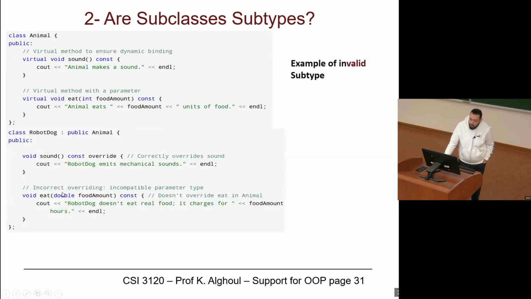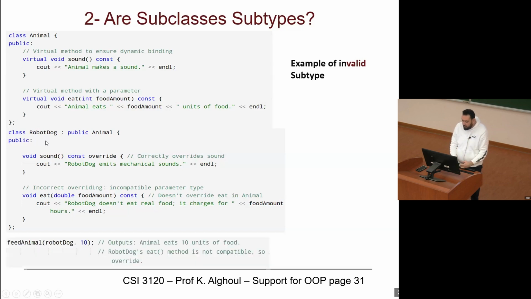Now let's take a look at an invalid subtype. If you look here, even if you're using the same eat, you're changing it to double instead of int. So in the original one, it takes int as an input. Here, I'm changing it to double. This one doesn't behave the same way. So it's a subclass, but it's not a valid subtype.